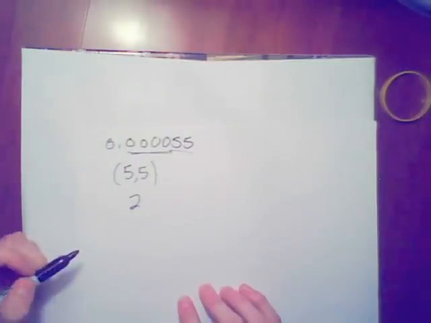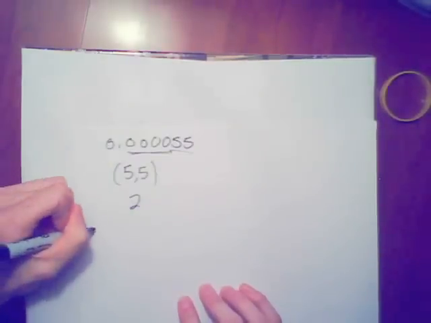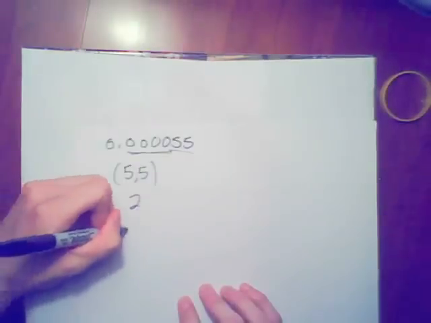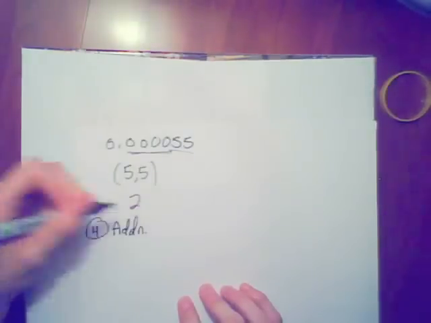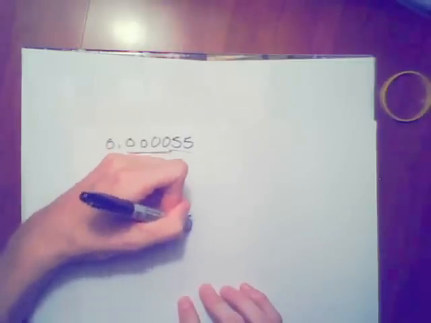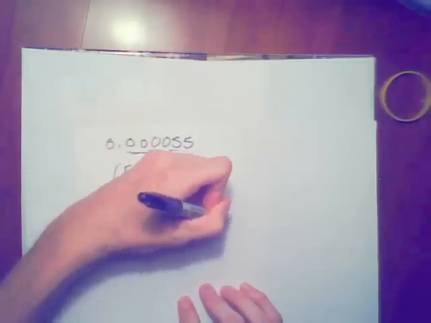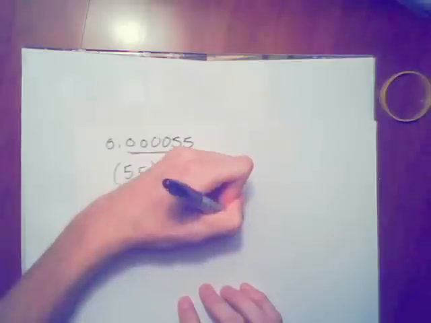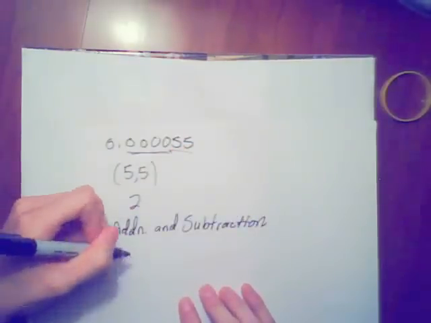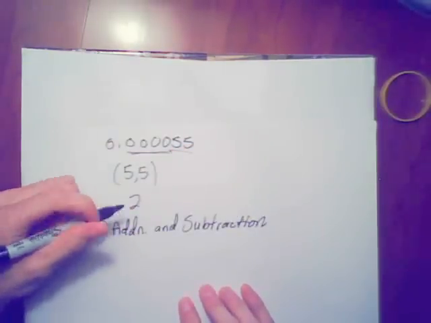So let's go on to the next topic. We'll start getting into some operations here. We'll go with addition, which I'll abbreviate as ADDN, and subtraction. For addition and subtraction, there's one simple rule. We'll do 3 examples here and use pretty much the same numbers for them.